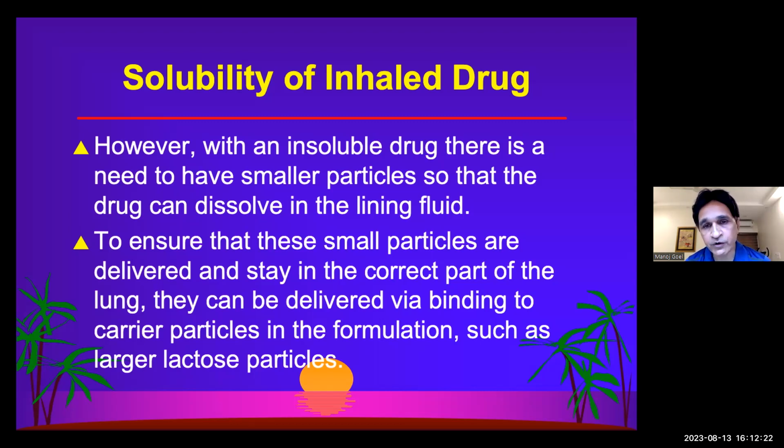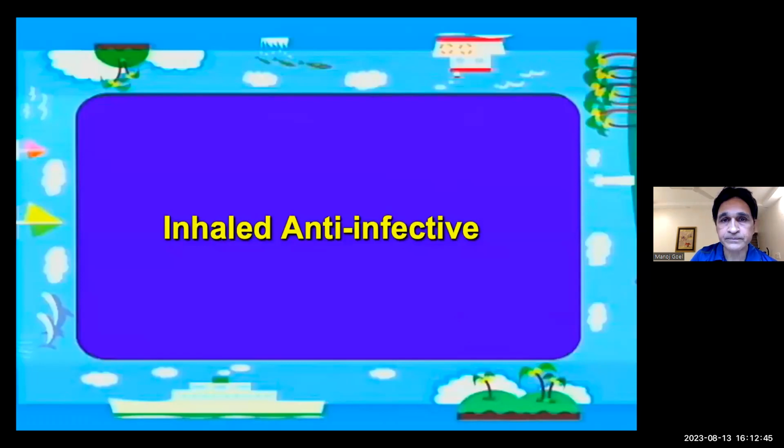For the MDI, you recommend the patient breathe slowly at an inspiratory rate of 30 liters per minute, whereas with the DPI, you ask the patient to breathe in as fast as possible for distal drug delivery and dissolution from the larger lactose particles.